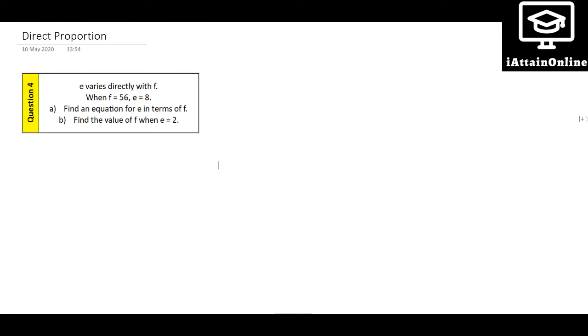Right, last example. Again, first part exactly the same. E is directly proportional to f, so E is equal to k multiplied by f. And then we're just going to use the values we've been given. So 8 is equal to k times 56. So 8 equals 56k.